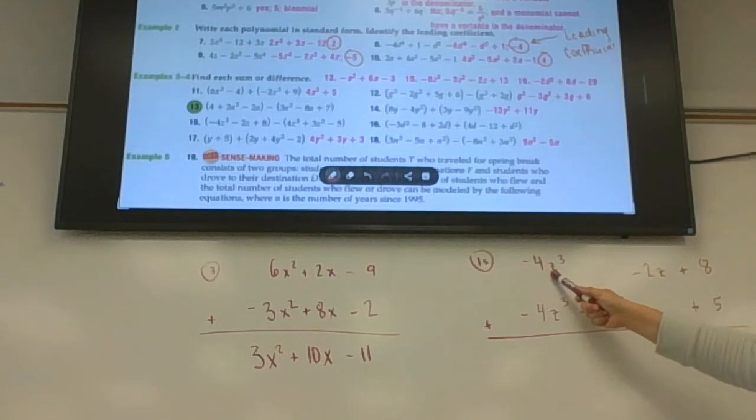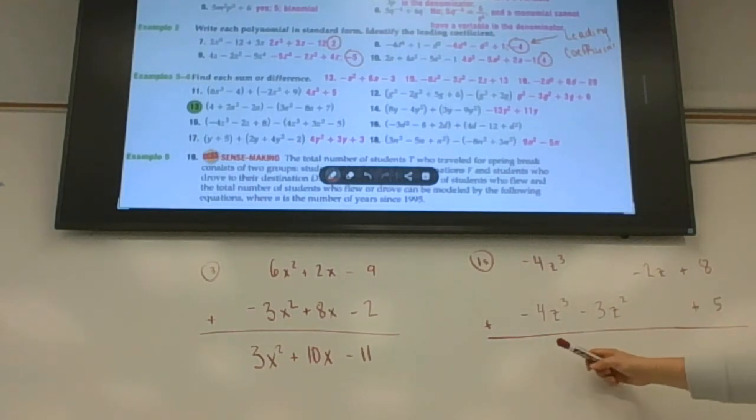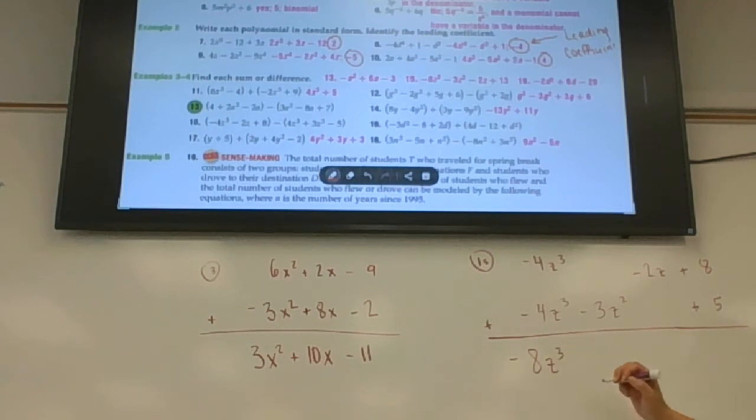So this is the first one. I got a big space, minus 2z plus 8. Second one, negative, negative, big space, positive. So combining negative 4 minus 4 would be a negative 8. Exponents do not change.